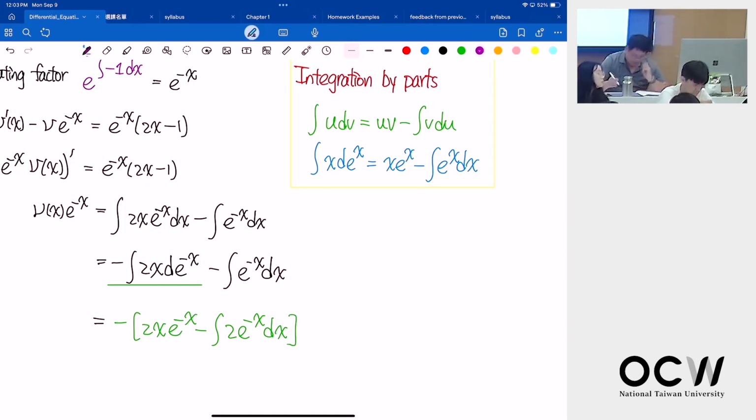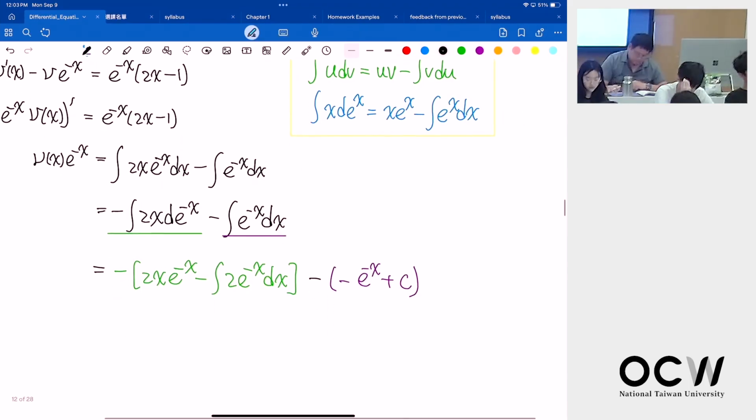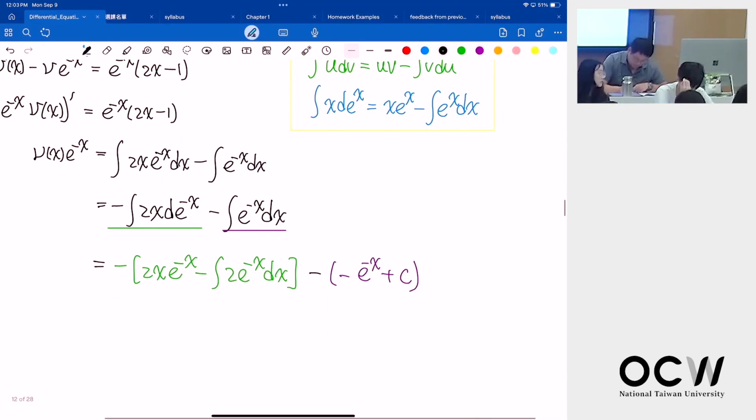The second term is minus e to the minus x plus constant c. So overall, you'll get minus 2x e to the minus x minus e to the minus x plus c.